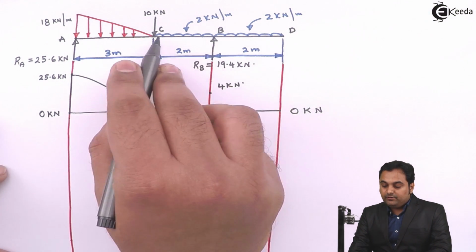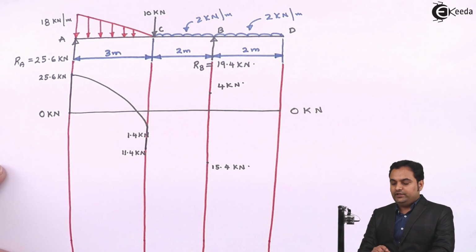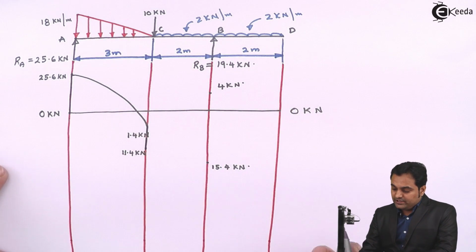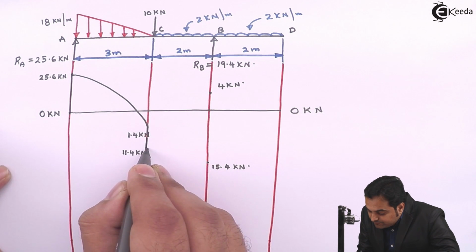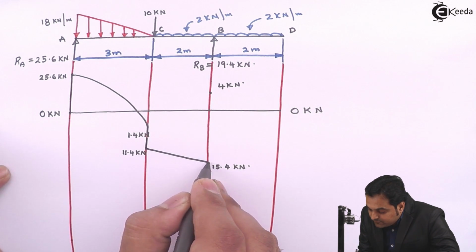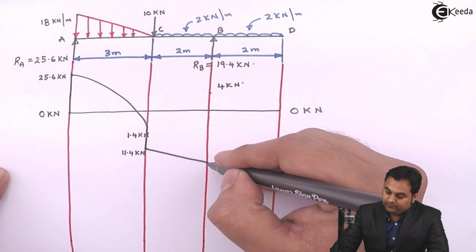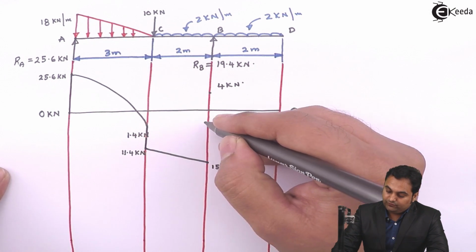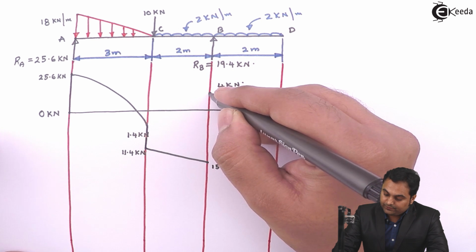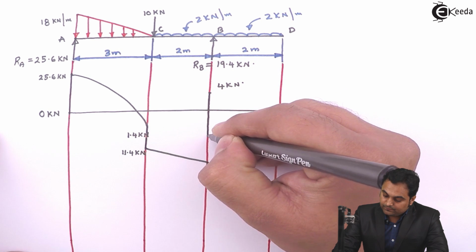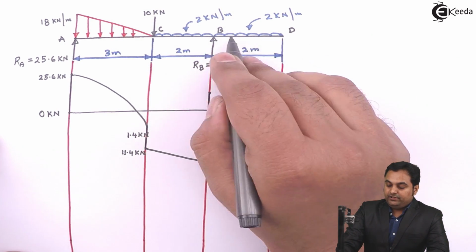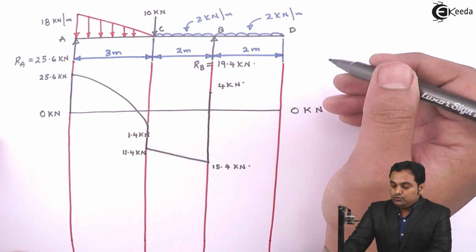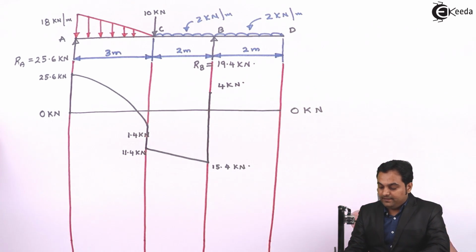There is UDL between C to B, so wherever there is UDL, the shear force diagram should be an inclined line. Then from minus 15.4 it goes up to plus 4 kilonewton, and again as we see from B to D there is UDL, so the shear force should be an inclined line.